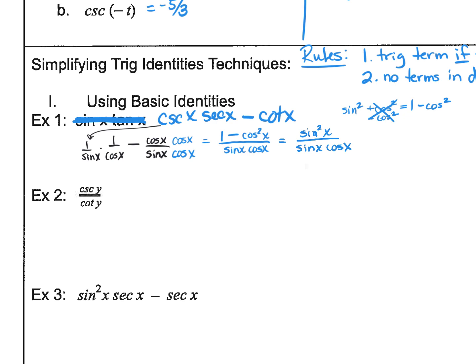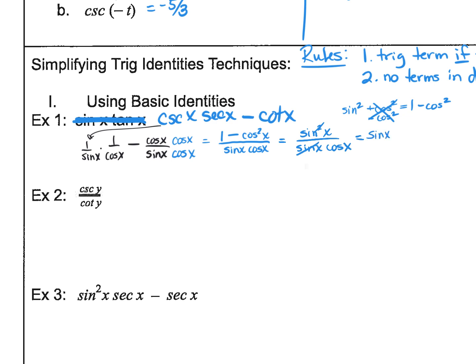Can I get rid of anything? What do I have? This is all one fraction now. No minus sign. What do I have in the top and what do I have in the bottom? I got sine times sine here and I got sine here. So I can get rid of this along with the squared, can't I? So sine goes away. So what am I left with at this point?